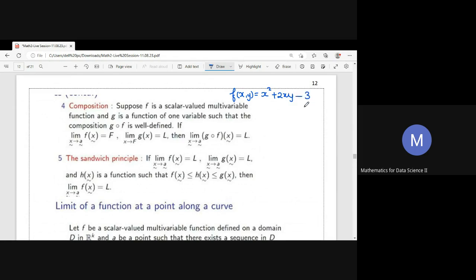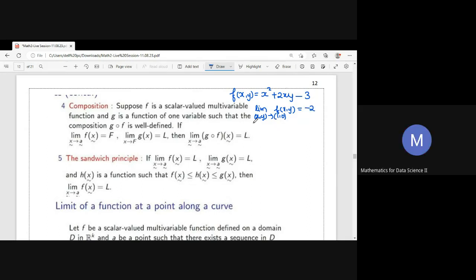Or plus 3 or minus, whatever. So now what is the limit as x comma y goes to 1 comma 0 of f of x comma y? It is 1 minus 3, minus 2.